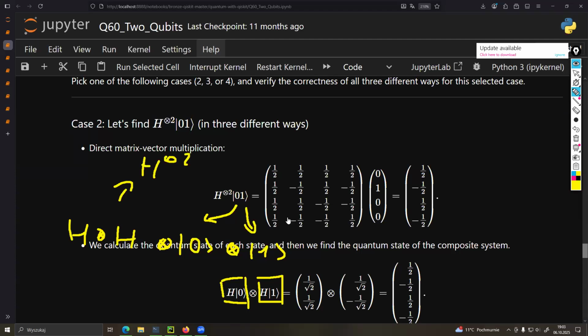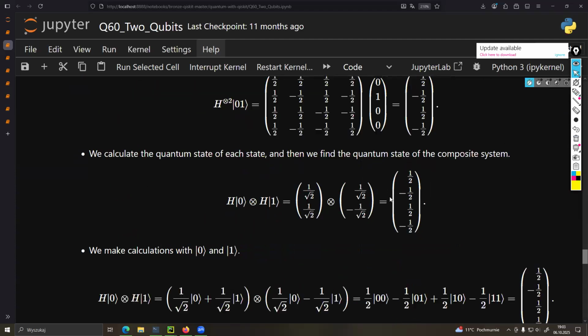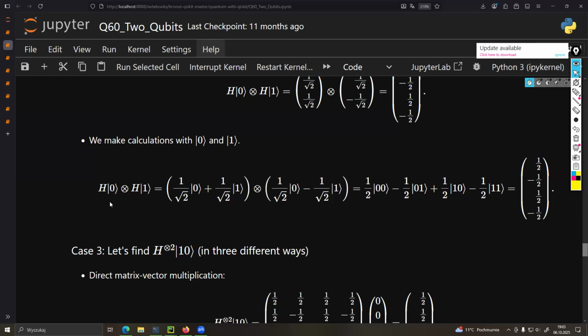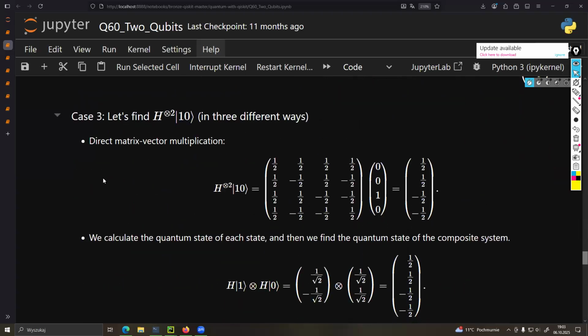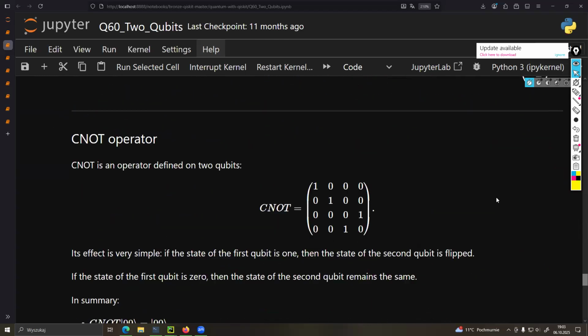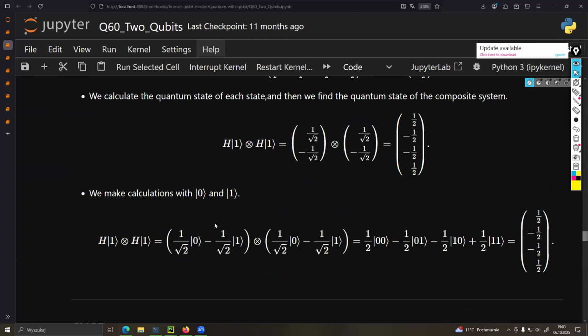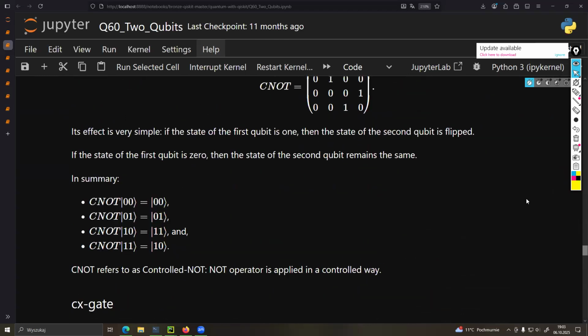And I could distribute this somewhat differently. Below is the full notation. Here is yet another case. You can check it out at your own leisure.